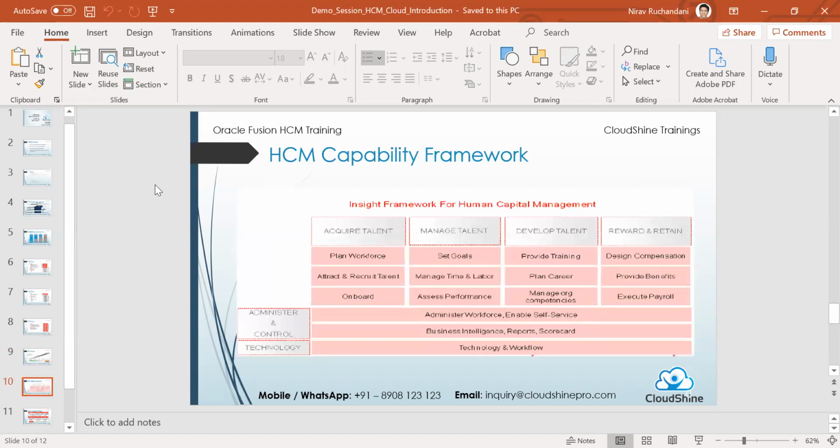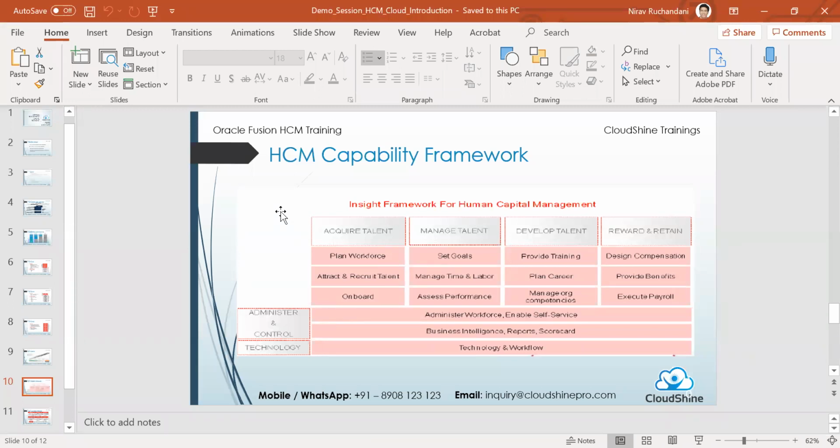Now, moving on to a very specific Oracle cloud-based offering. From a process standpoint, this is how Oracle structures or markets or sells its own solution. The overall Oracle framework is divided into four different areas. If you see over here, it is divided into something called acquiring the talent.